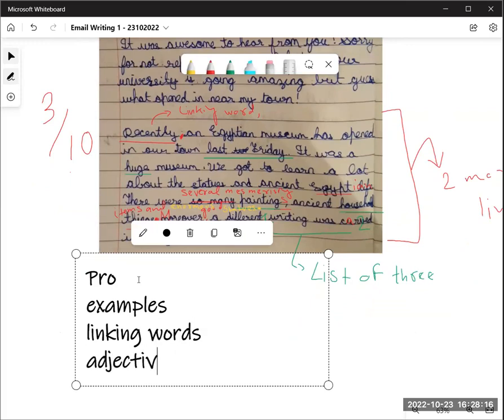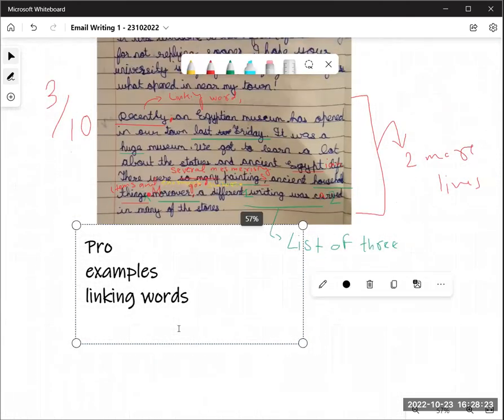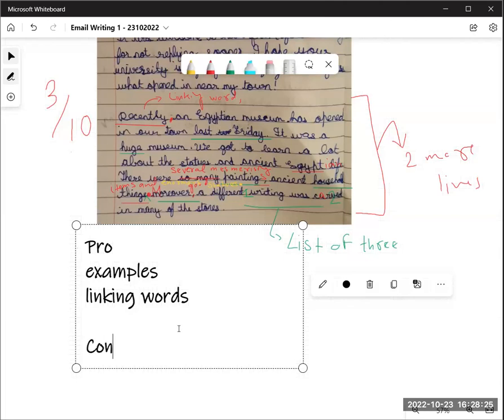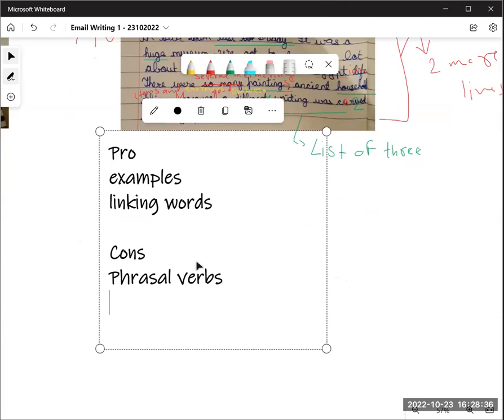You had adjectives. Well, not a lot of adjectives actually. What you can do to improve is by writing phrases or phrasal verbs. Niranjana, do you know what phrasal verbs are?